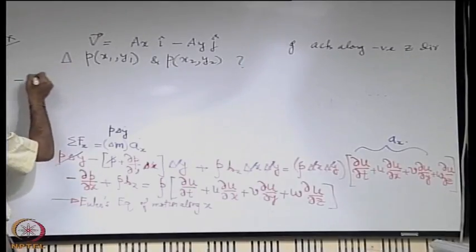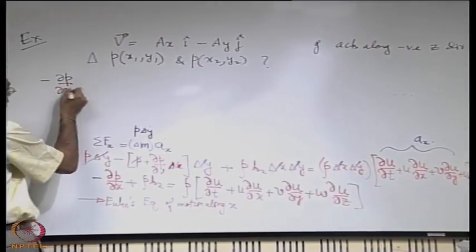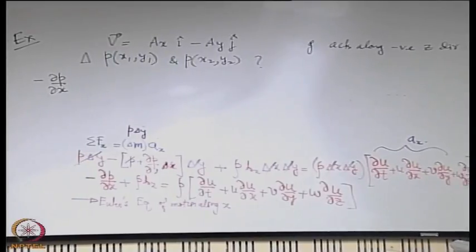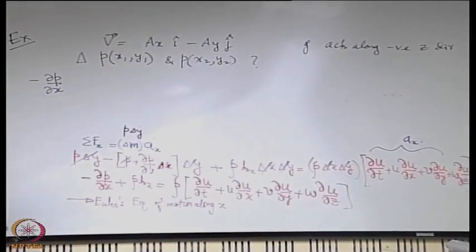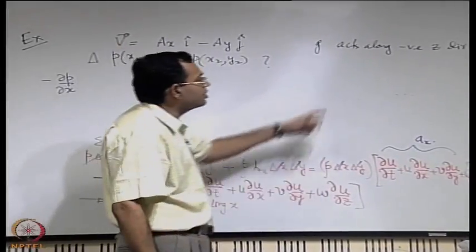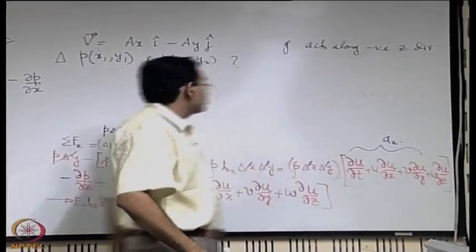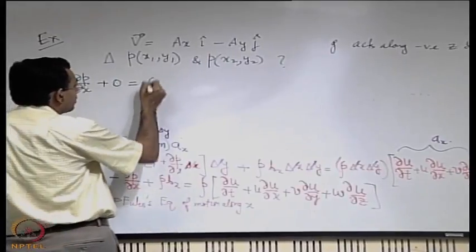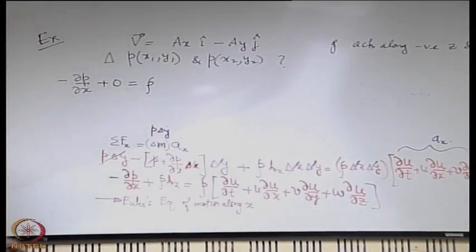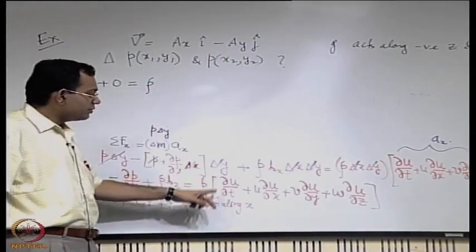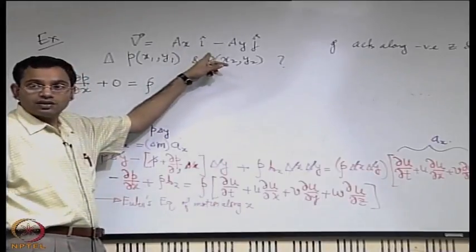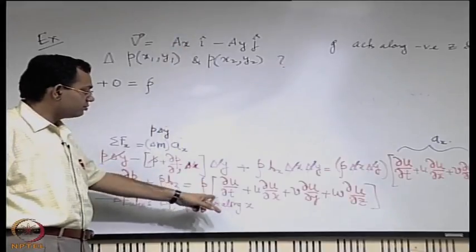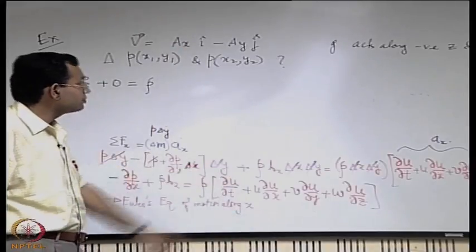So we have minus the partial derivative of pressure with respect to x plus Bx. There is no x component of body force, body force only acts along negative z. So this plus 0 is equal to rho. The velocity field is not a function of time here, a is a time independent constant that is given, so the time derivative will be 0.